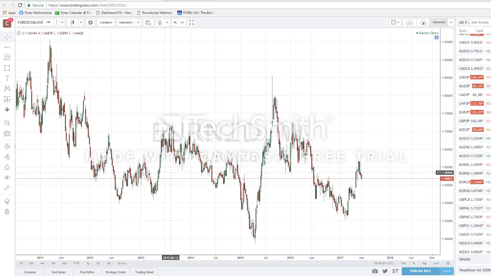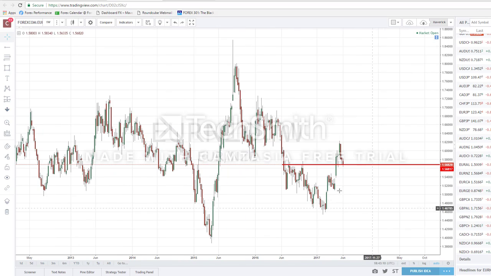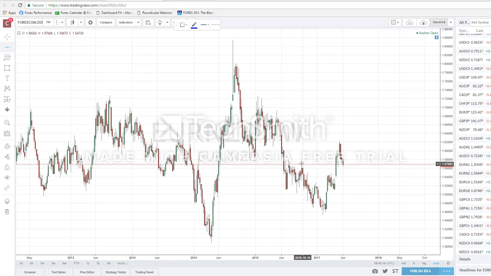So what I'll do is I'll identify the key areas, right? Looking for here. Go to more recently. Bang. Rejection wick, strong moves away, big candlestick broke, retested, rejection. So here, what I actually do is I use the horizontal line like this for the weekly chart.